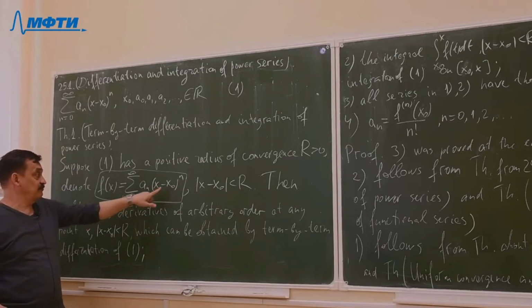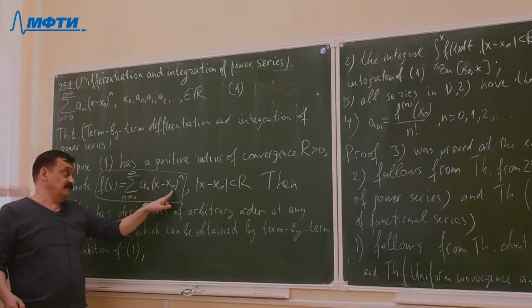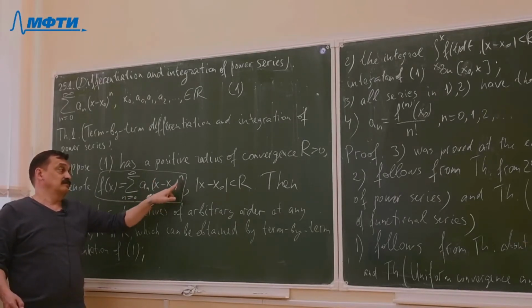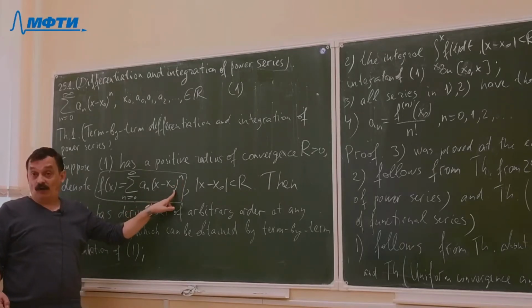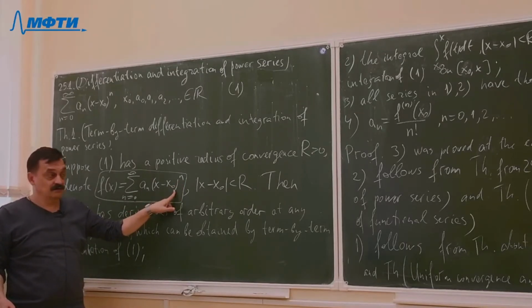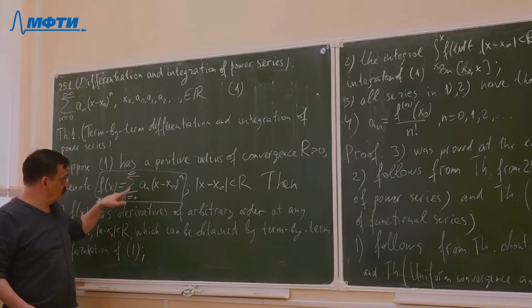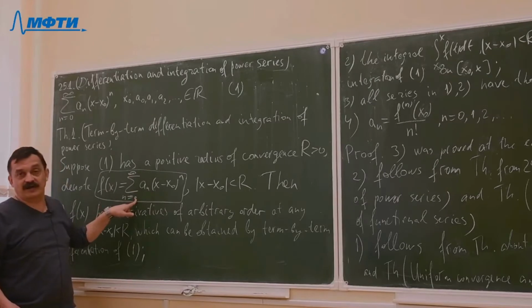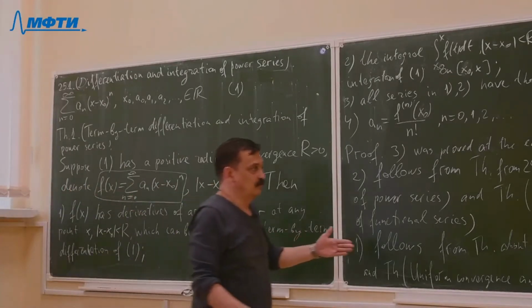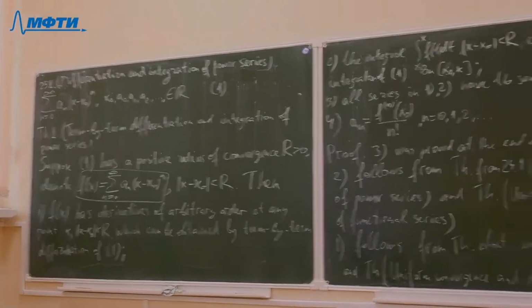And for n equals 0, another agreement, power 0 means we have 1, right? So all terms of our series are equal to 0 except for n equals 0. So we obtain that formula.